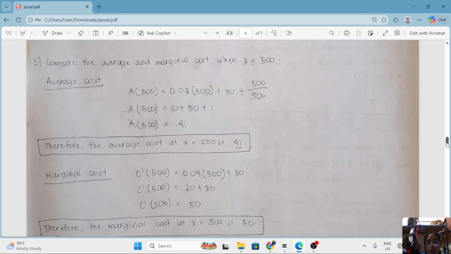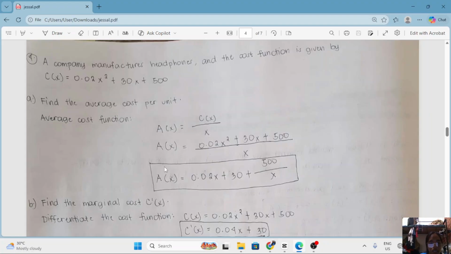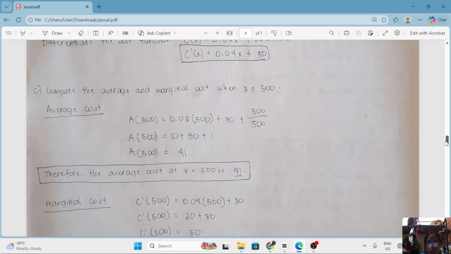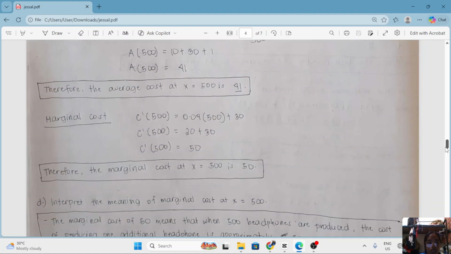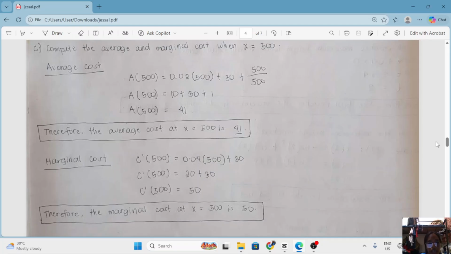If you are wondering where we got this formula, it is from the average cost formula here. That is what we use to compute the average cost. If we perform these operations, we get A of 500 is equal to 41. So that is our average cost, 41, if x is 500.